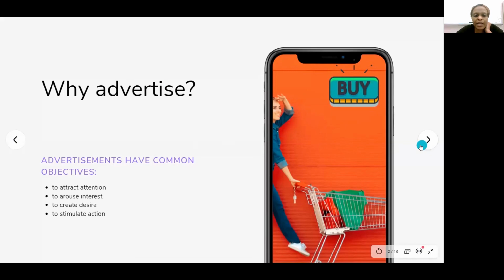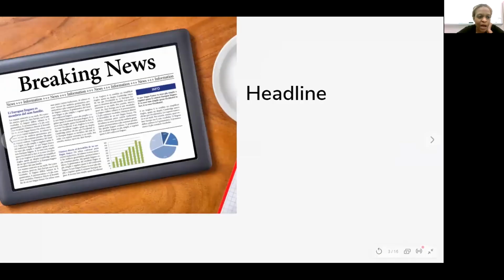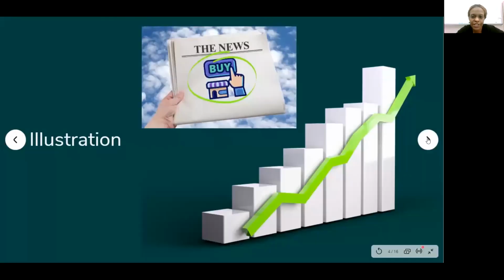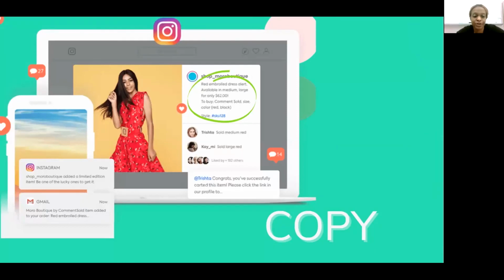And a reminder that the objectives of an advertisement are to attract attention, arouse interest, create desire, and stimulate action. And the different advertisement elements that are used and play a part in doing that are the headline, the illustration, the copy, and the identification.